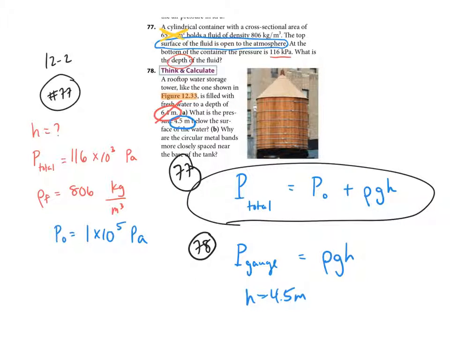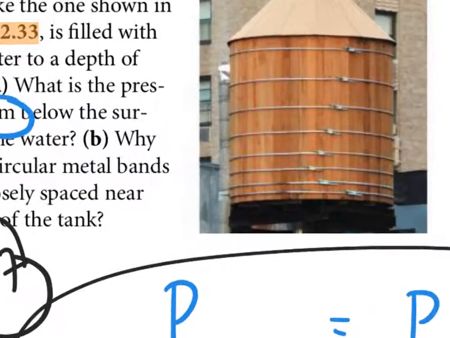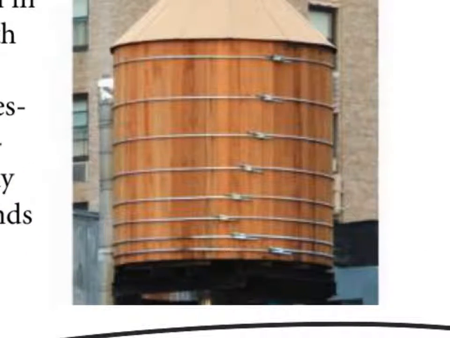Yeah, go ahead, Elias. As depth increases, the pressure increases, and the reason that the metal bands are so close together is because it needs more structural support to keep the line. Yeah, that's exactly it. Great explanation. It needs more structural support in order to maintain its integrity.